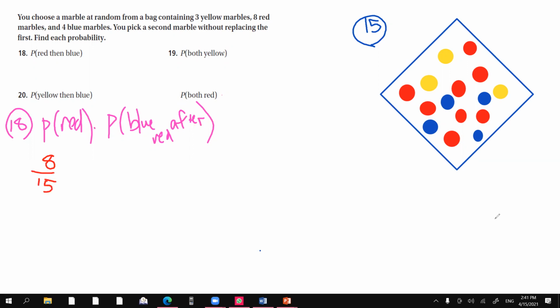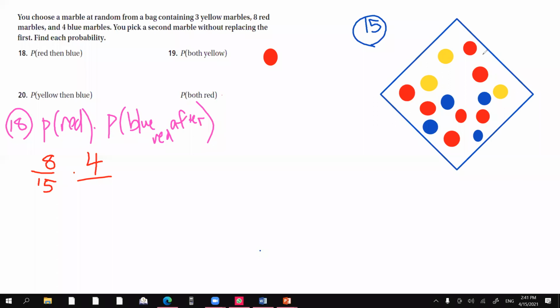Now, when I take this red, I take it outside. So now I want to choose a blue. How many blue do we have now? 4 over 14. Yes, 4 blue. Since I take the red and keep it in my hand, how many balls are left now?